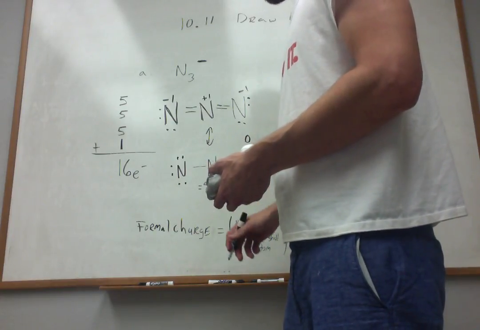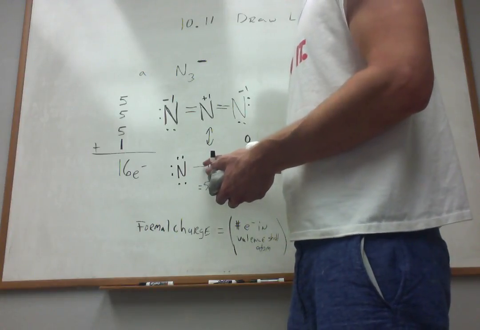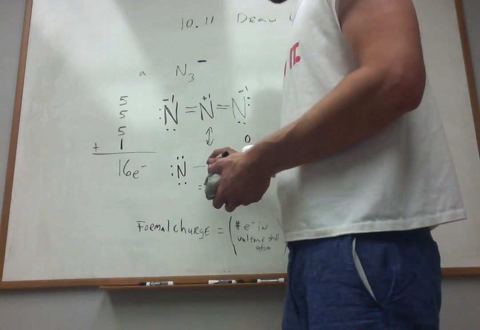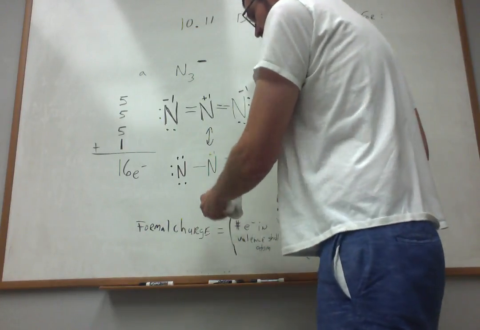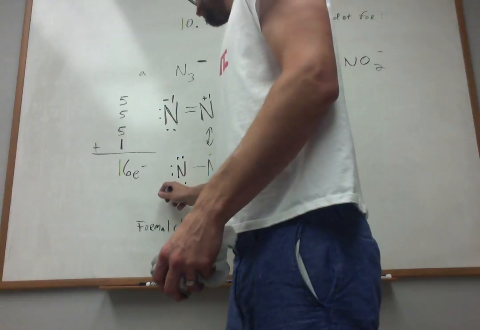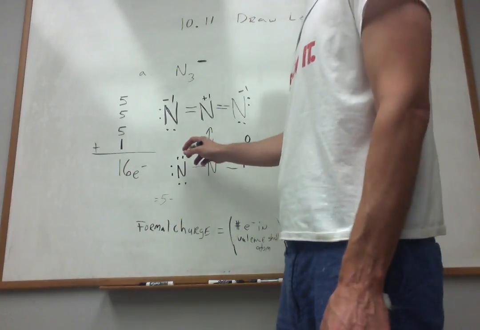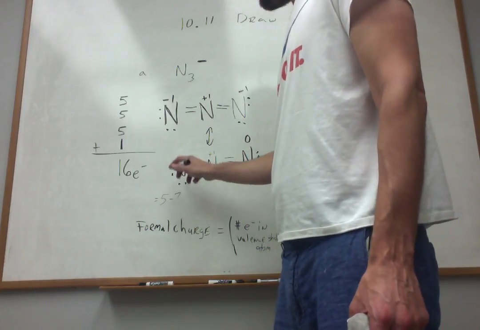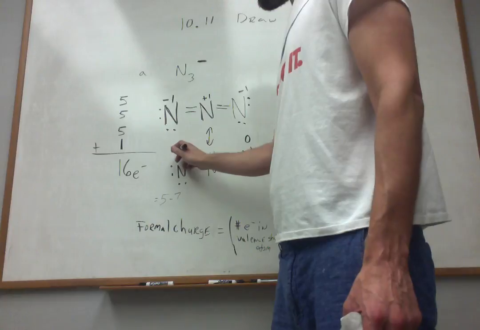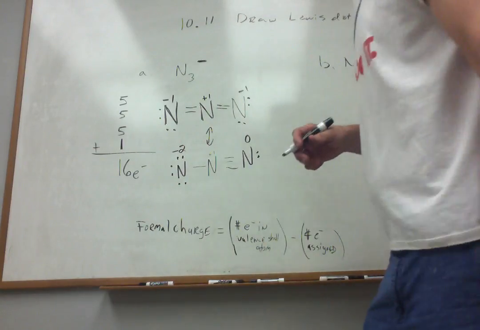It looks to me like 4 are assigned here, if I'm not mistaken, right? 1, 2, 3, 4. So 5 minus 4 would have a +1 formal charge. And then finally, the one down here, 5 from the periodic table minus how many are assigned? Well, 1, 2, 3, 4, 5, 6, 7. Okay, so that's going to have a -2 formal charge associated with it.